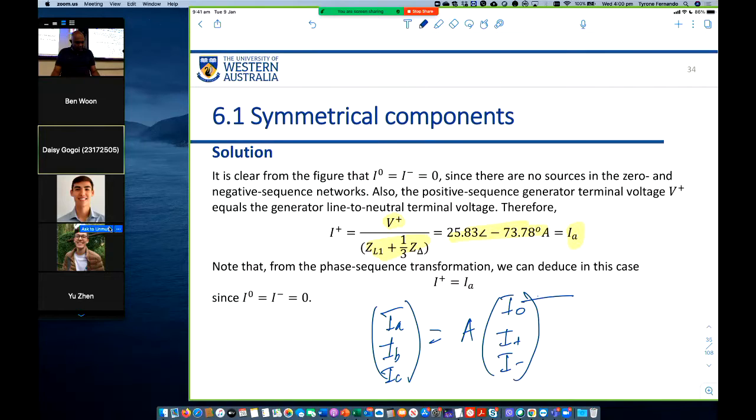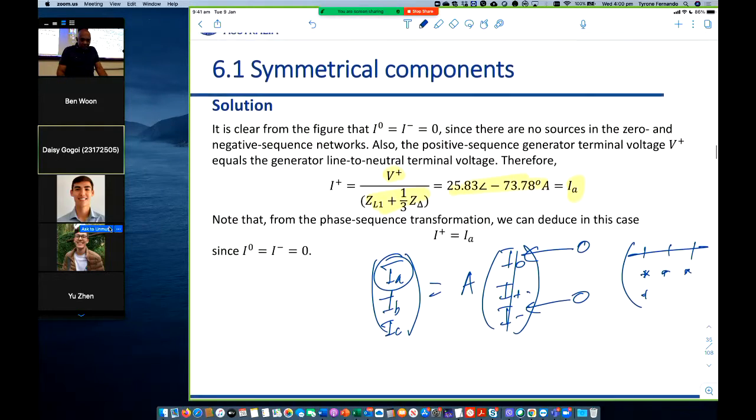That is 0, that is 0, we have something here, and matrix A is 1, 1, 1. Multiplied by that, this gives you IA, and that is expected. So IA is the positive sequence current.